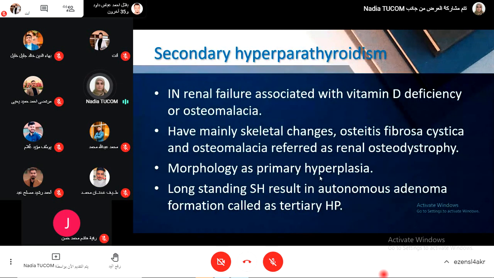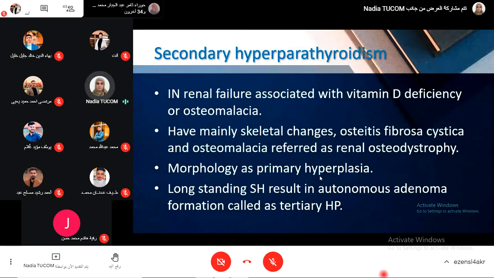These patients will develop an autonomous adenoma. We said it is not an adenoma as a true neoplasm. It results from continuous stimulation by the low level of serum calcium.